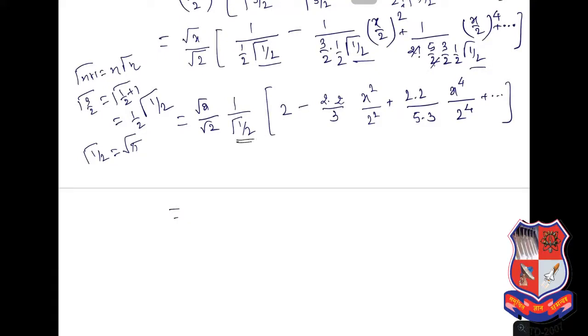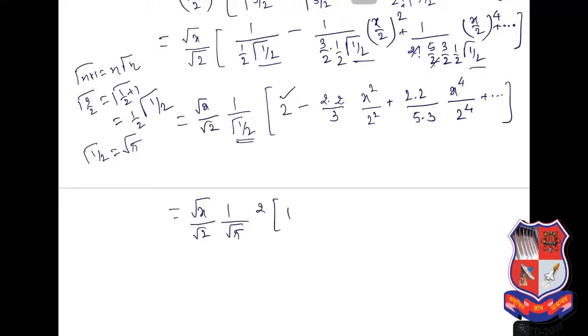This is equal to, now gamma half equal to root pi, so this is root x over root 2 over root pi, and let us take this 2 outside.